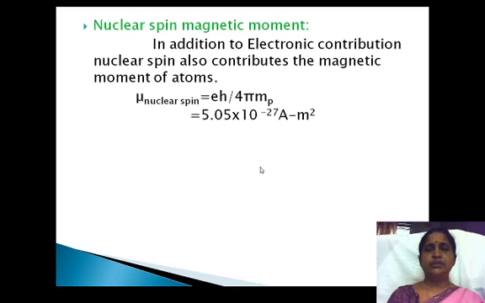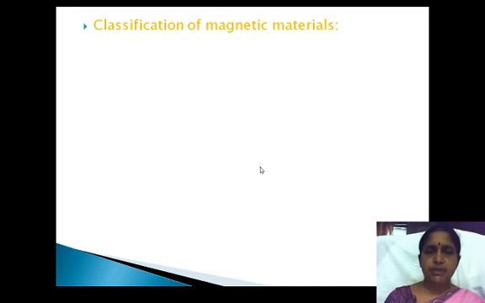Any body you take has some magnetic moments, but not every body is a magnetic material. We decide that by their alignment. Due to those alignments, it is a magnet or not. Next, classification of magnetic materials. This is a 10 marks question: classification of magnetic materials.